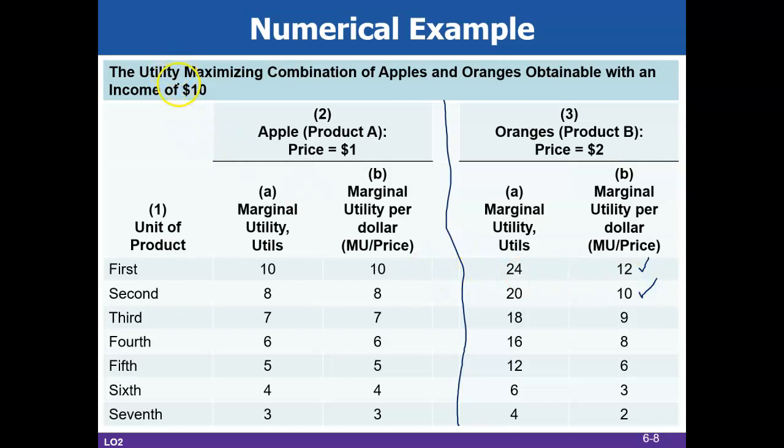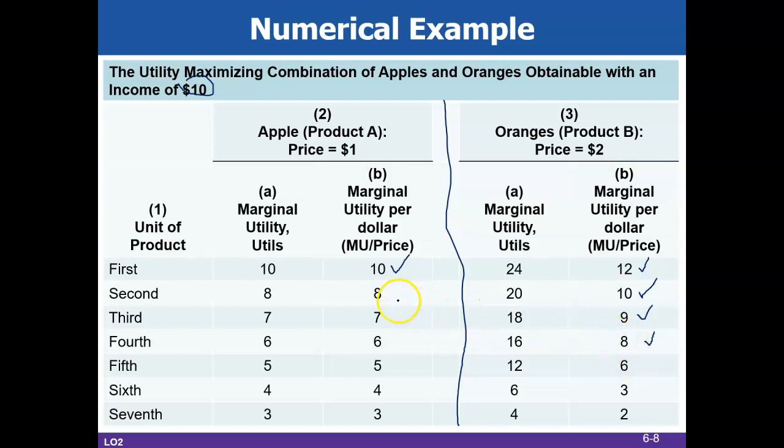In this case, the consumer has $10, okay? I would buy the first apple. Then I would buy the third orange because I'm looking at a higher marginal utility per dollar and I'm spending money, right? 1, 2, 3, 4, 5, 6, and then $7. I could buy the fourth orange for an additional $2. My marginal utility per dollar is 8.